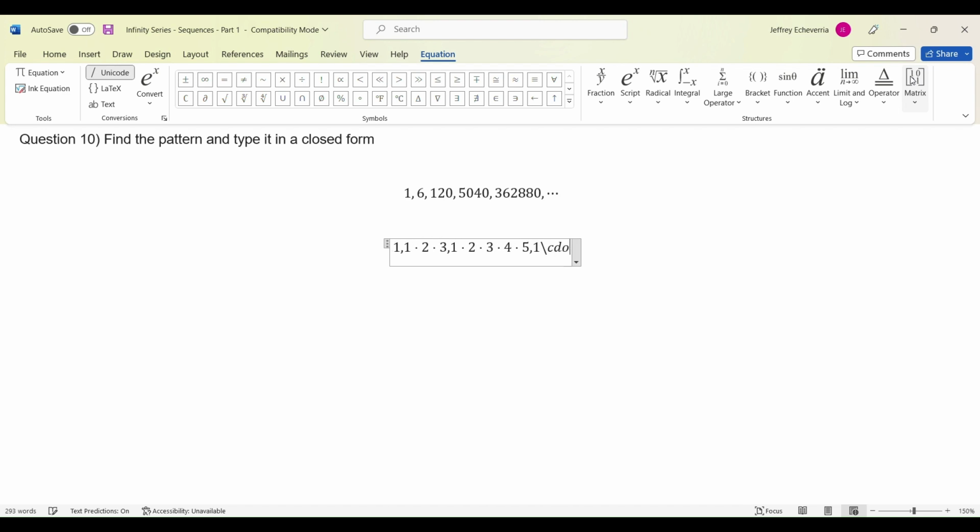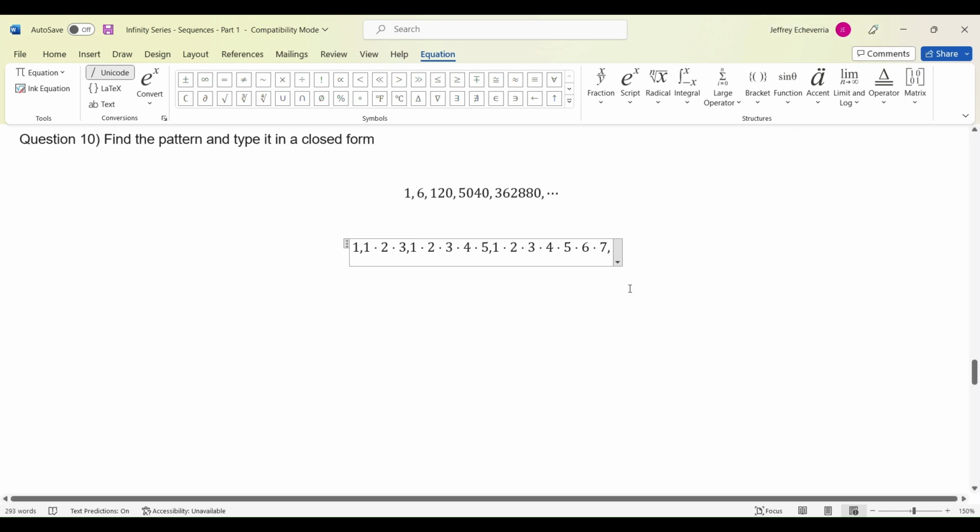1 C dot 2 C dot 3 C dot 4 C dot 5 C dot 6 C dot 7. And then the last one will be the same thing, but multiplying it with 8 and 9 now. So we can simplify a little here on Microsoft Word by copying and pasting here.